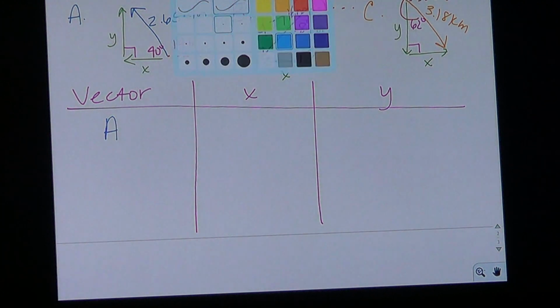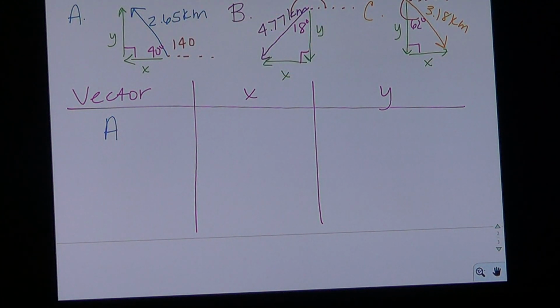Okay, so yes, we have 40 degrees. The X component is the adjacent side to the 40 degrees. So it's going to be cosine of 40 equals X over 2.65. So in other words, X will equal 2.65 times the cosine of 40.